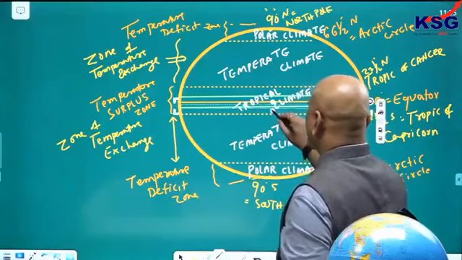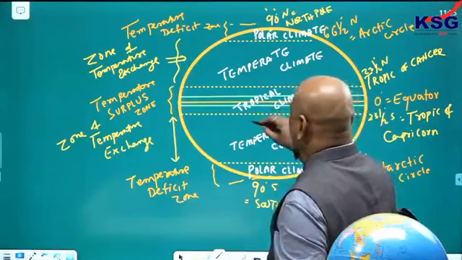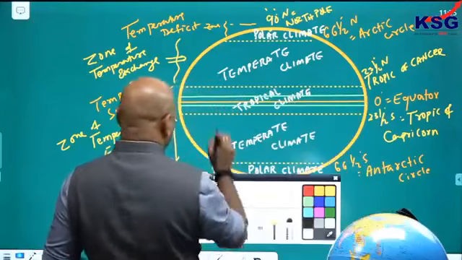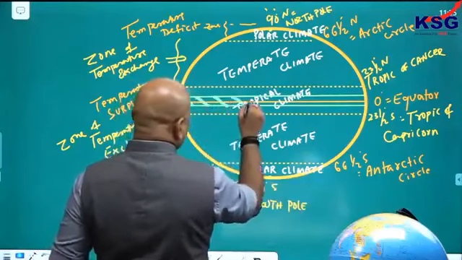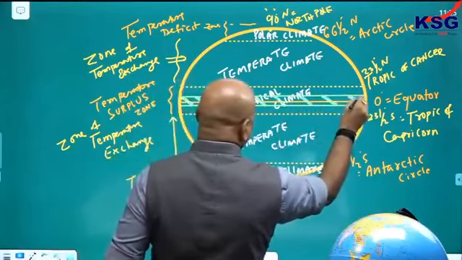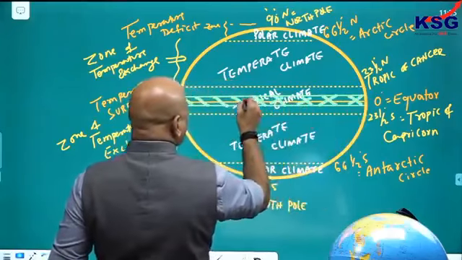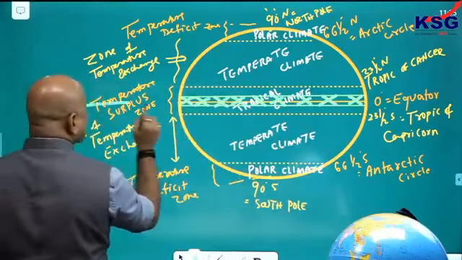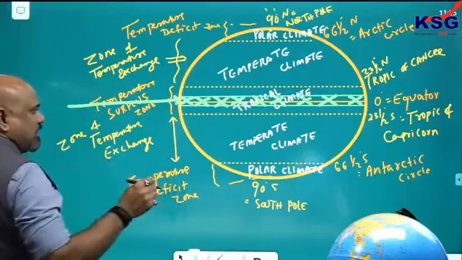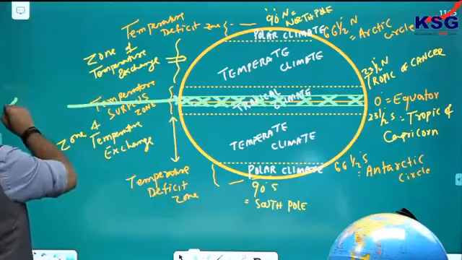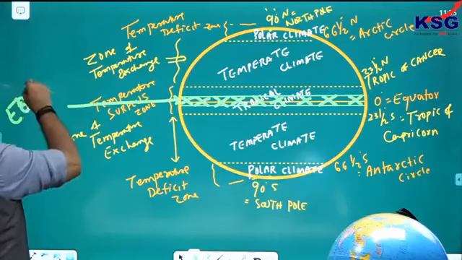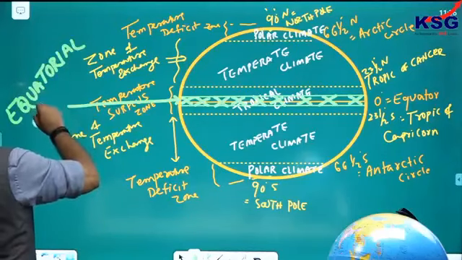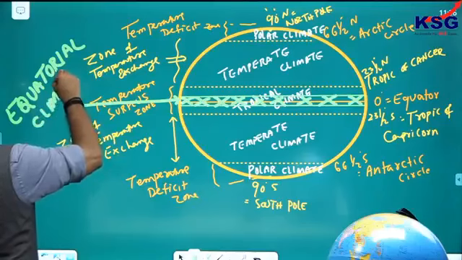Inside the tropical zone, this part has some uniqueness, something different from others in terms of temperature and climatic type. It is called the equatorial climate.